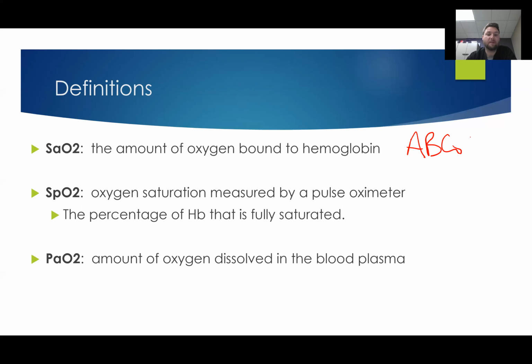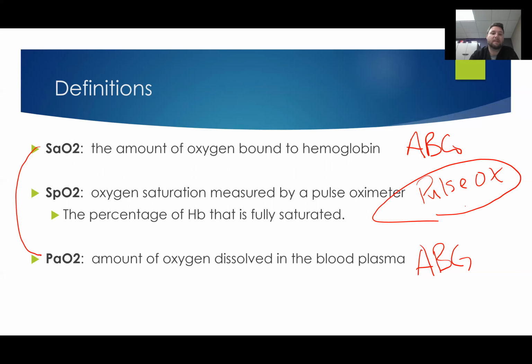Your SpO2 is what's measured by your pulse ox. This is the percent of oxygen that is fully saturated in your arterial blood through the capillary bed on your finger, ear, toe, whatever. And then your PaO2 is the amount of oxygen dissolved in your blood plasma. This one is also a blood draw from an ABG, so you'd have to draw blood as well. So these two are invasive. This one is just done on your pulse ox.